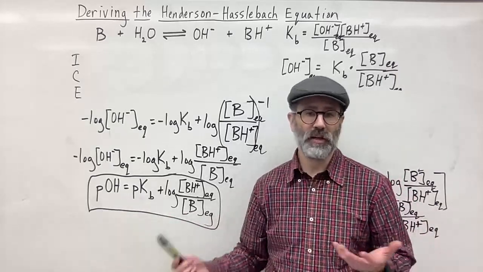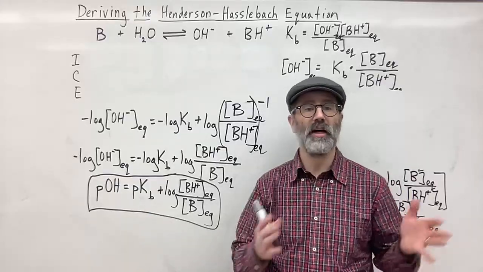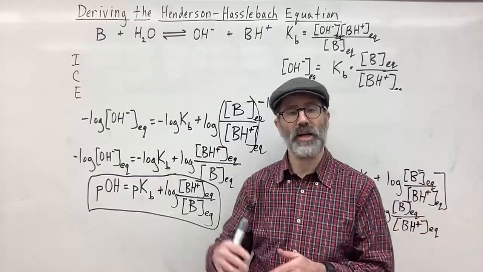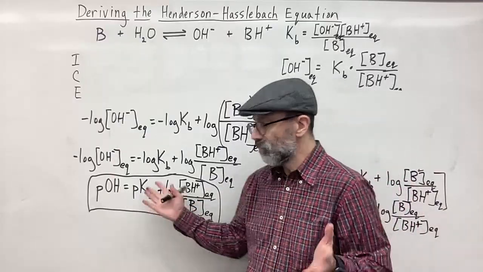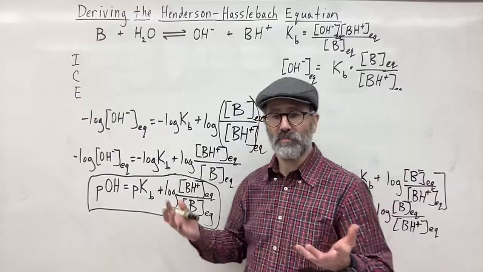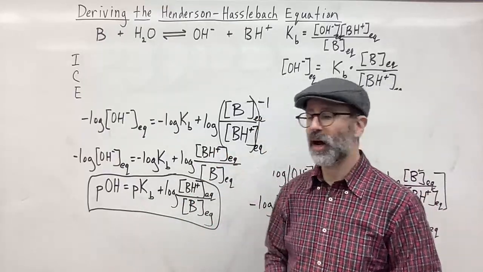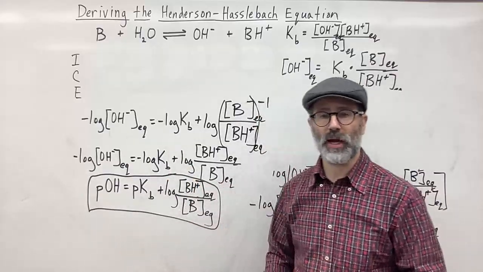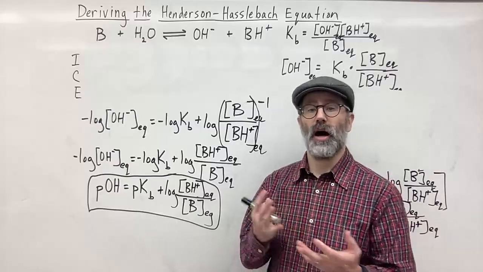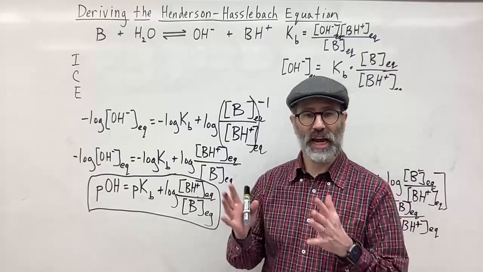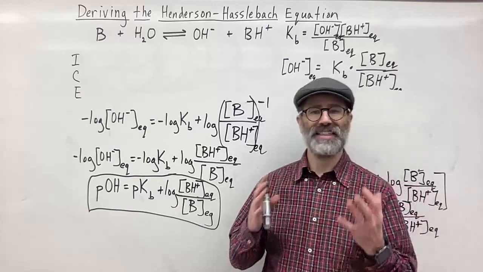And then if the problem is asking for pH, then just use the equation that the pH plus the pOH is equal to 14 to solve for your pH. So either way works. Okay, so again, the same criteria apply. You can't apply this equation unless, one, you have a buffer, and two, the x or the change is negligible for the problem. So that's it for this video.